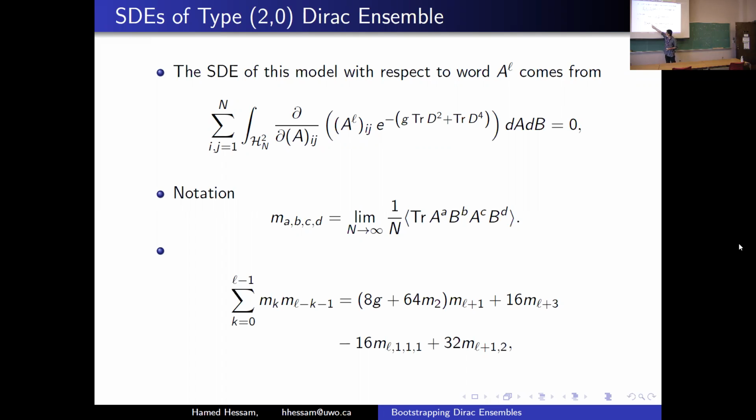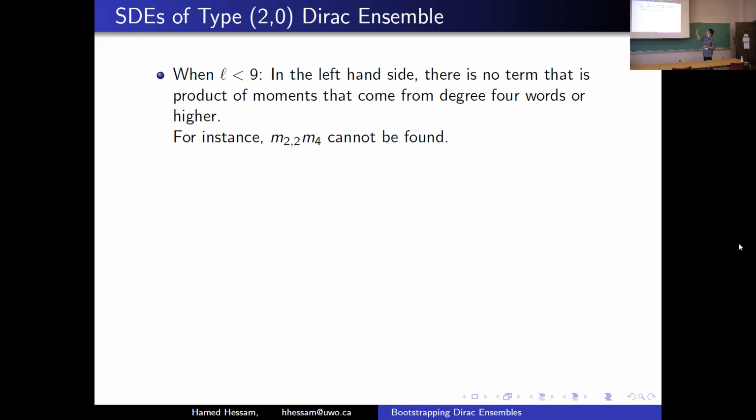Adding those degrees k and L minus k minus 1 becomes L minus 1. It's less than 8. Okay, so on the left-hand side, we cannot have a product of the two degree 4 or more, or higher. There's no closed matrix.